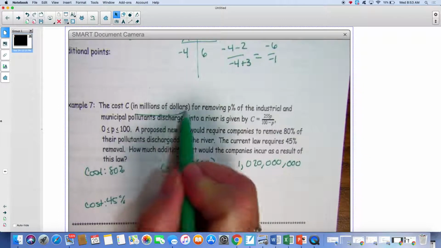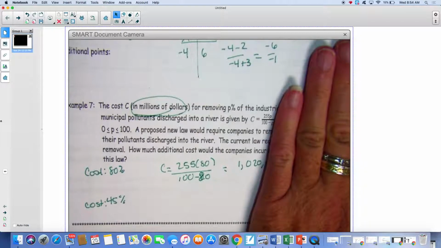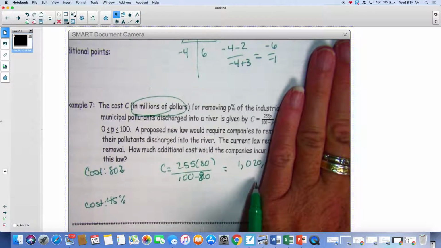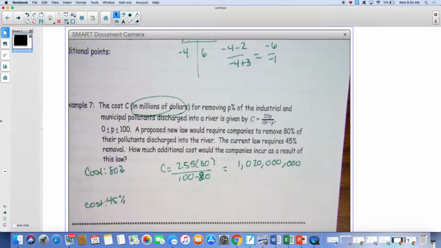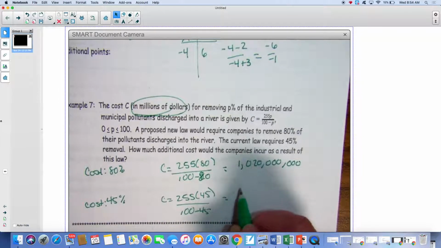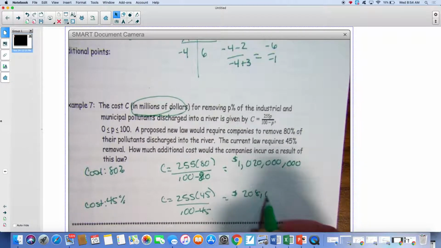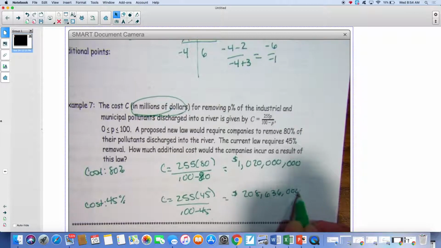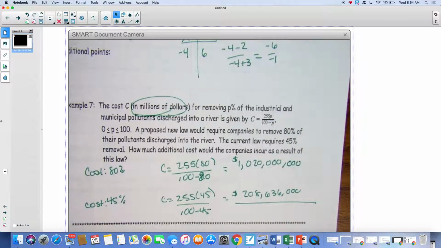It says that it's in millions of dollars. So when you use your calculator, you got 1,020, but it's in millions. So that's $1,020 million. That's where the extra 6 zeros came from. And then for this one, 255 times 45 over 100 minus 45 gives you 208,636,000.